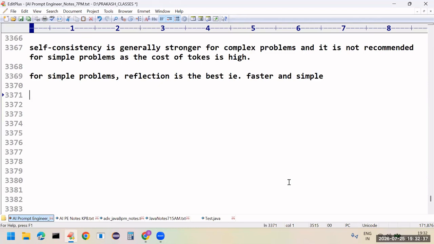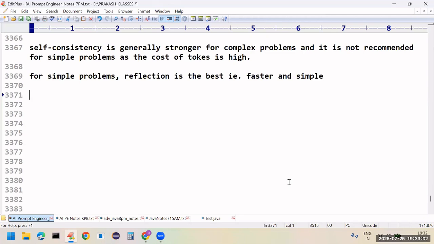Sir, actually, in the second one, if you write one prompt, again we need to check it and it will give the better option, right? So in these iterations, it will take a lot of tokens, right? So in terms of tokens, in which case, self-consistency or reflection? Reflection.